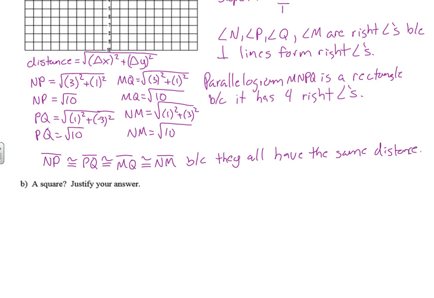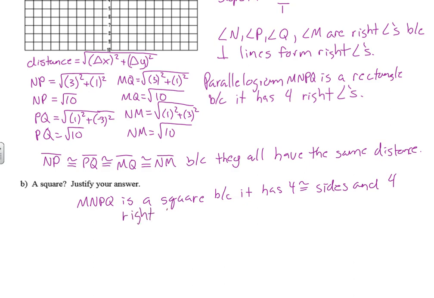Well, we've got a quadrilateral with 4 congruent sides and 4 right angles. That's a square. Okay, so we could say MNPQ is a square because it has 4 congruent sides and 4 right angles.